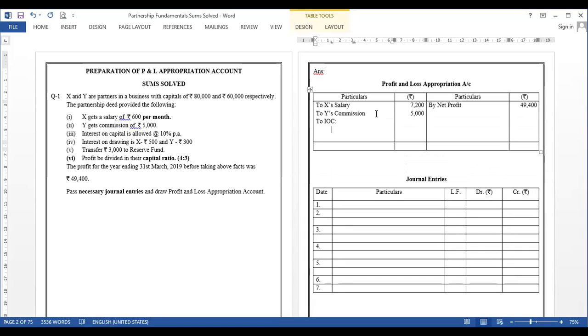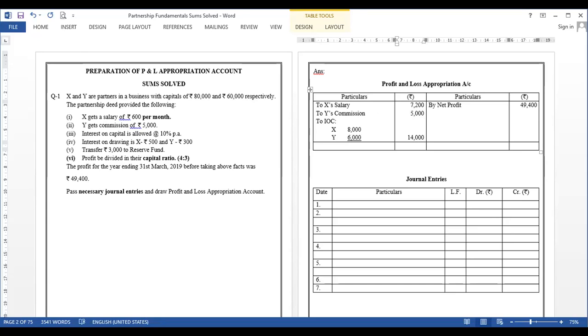Capital is 80,000 and 60,000, so tell me 10% of it: 8,000 and 6,000. So 8 and 6 total will be 14. That is the only effect of interest on capital.